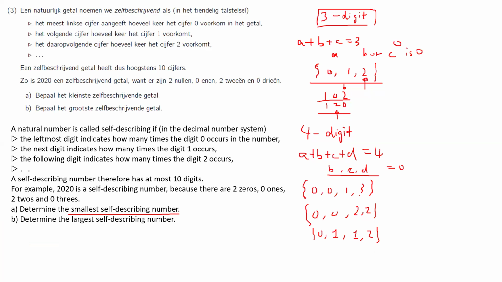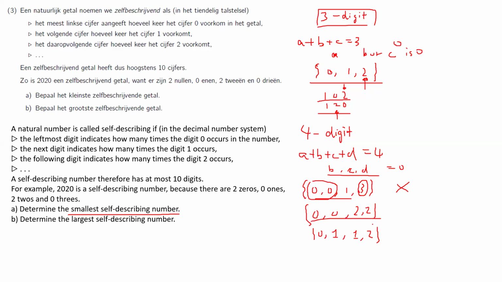In this case, we have 1, 3, but we don't have any digit that appears 3 times, because the most frequent digit is 0, which appears twice. So this is not possible.